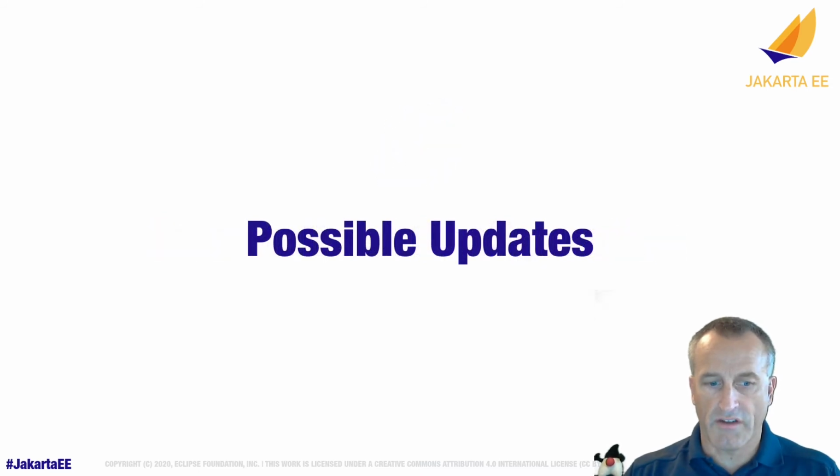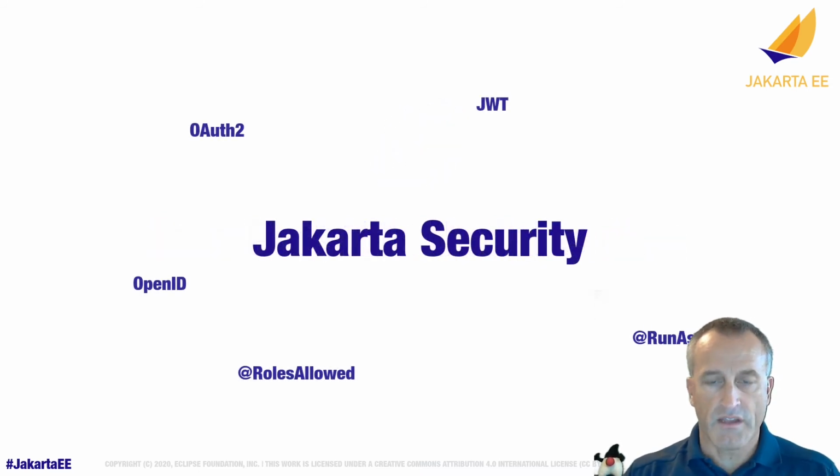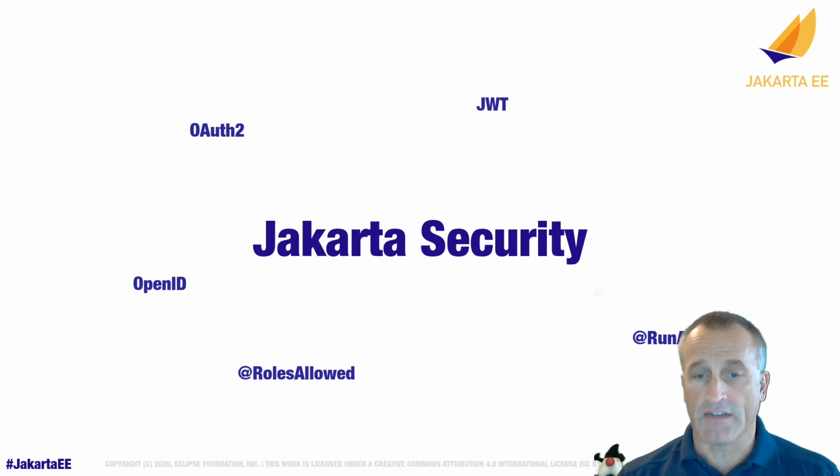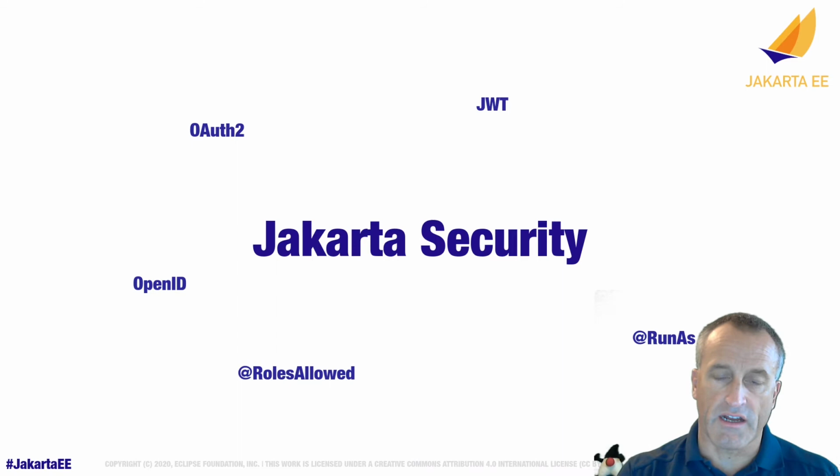Possible updates to other specifications. For security, it's been talked about adding OpenID, OAuth and JSON Web Tokens, and doing some updates to the annotations like RolesAllowed and so on that we have today. And Jakarta Security as it is today is a nice ground for developing more advanced security on top of it.